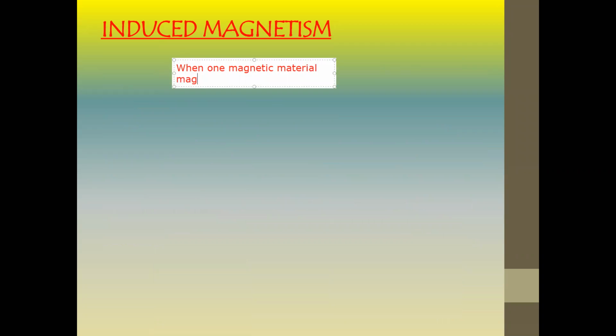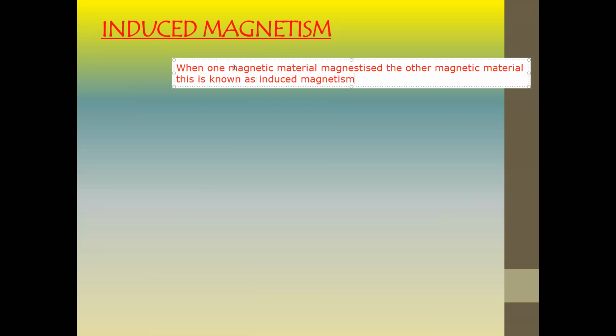When one magnetic material magnetizes the other magnetic material, this is known as induced magnetism. So what's the meaning? One magnetic material magnetizes the other magnetic material, we call that induced magnetism.